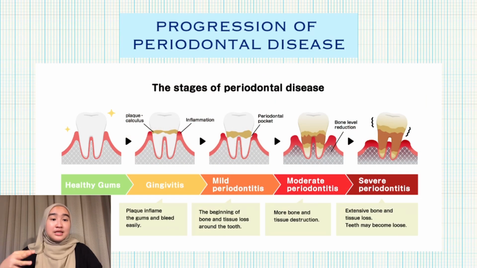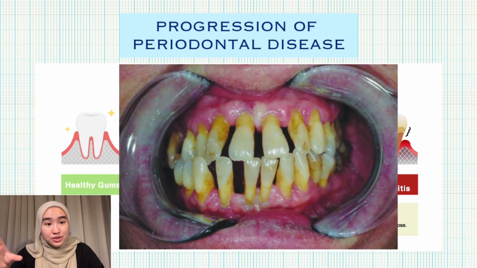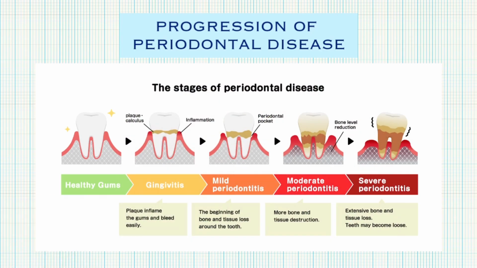Last but not least is severe periodontitis. This is extensive bone and tissue loss, where the teeth may become loose and there will be severe root exposure.